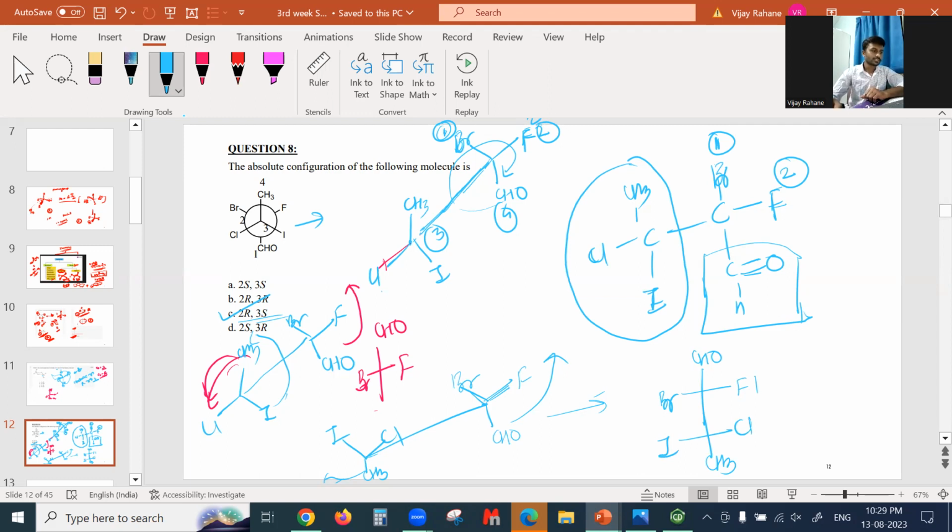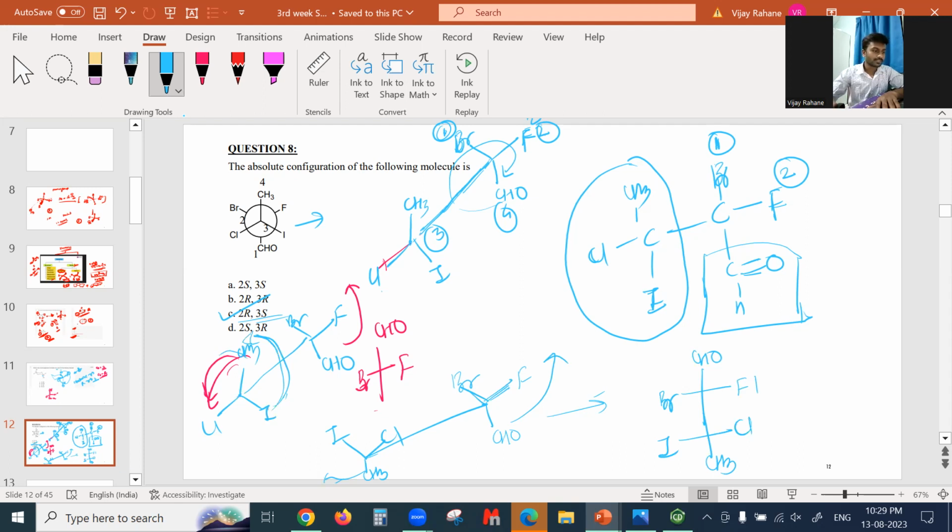We just draw the molecule in this fashion, and then we have rotated this carbon atom by 180 degrees. We have not misplaced the bonds between these. This iodine moved by 180 degrees, the methyl also moved by 180 degrees, and chlorine also moved by 180 degrees.